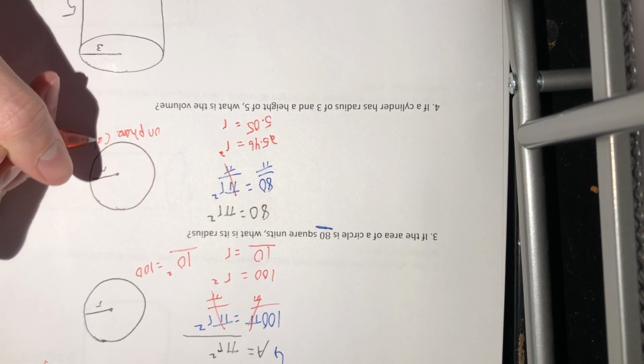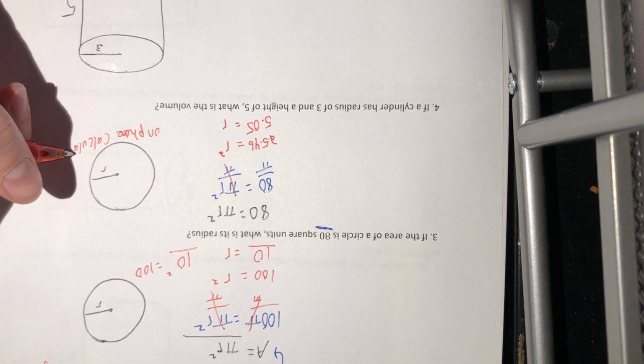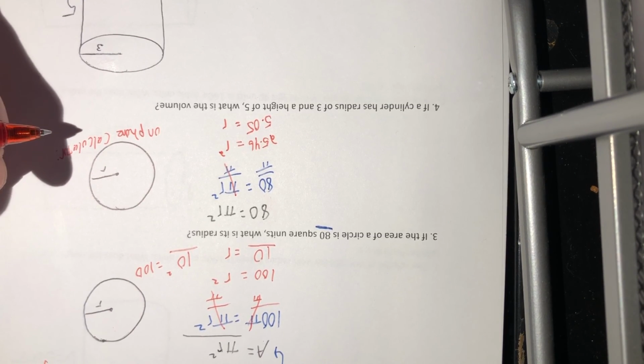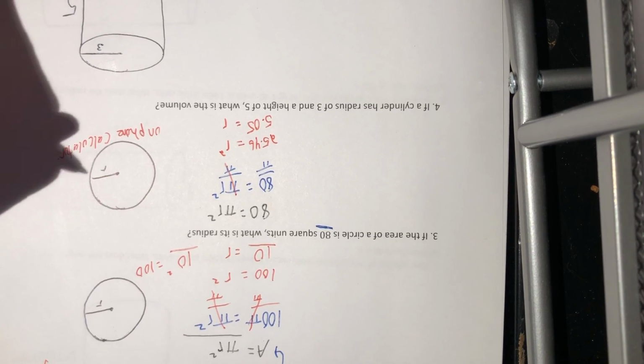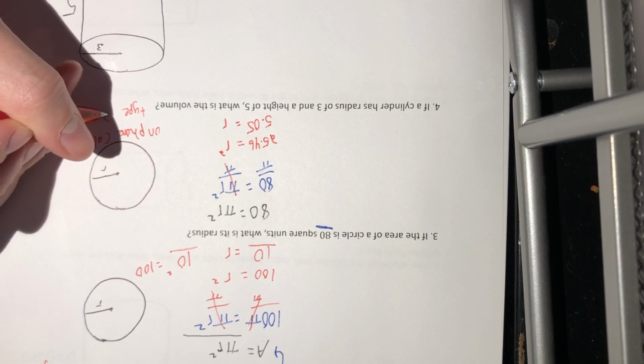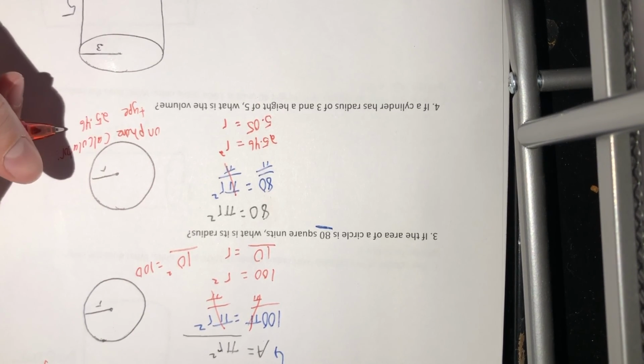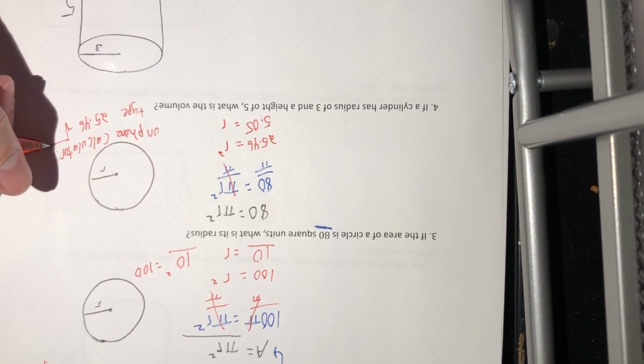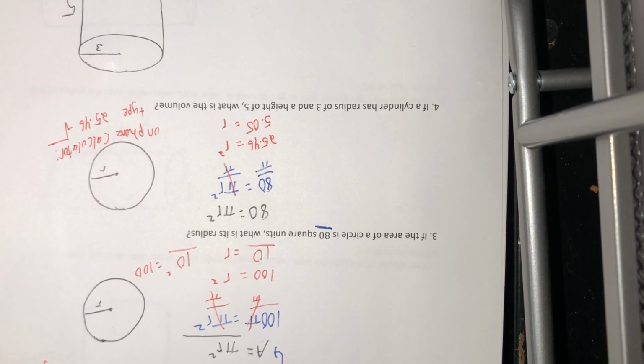So on the phone calculator, sometimes, and I think it's true for the iPhone calculator, I think mine does this, you have to type 25.46 and then the square root key in that order. All right, so just be mindful of that.